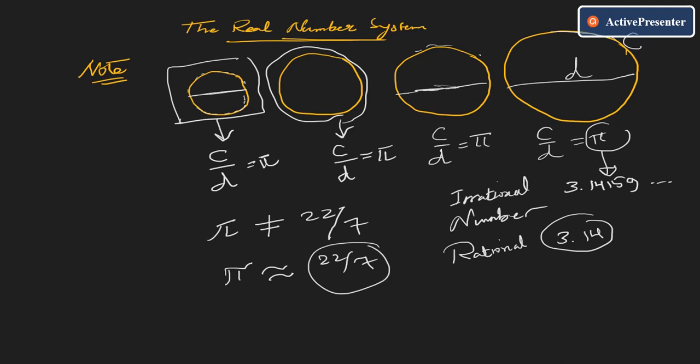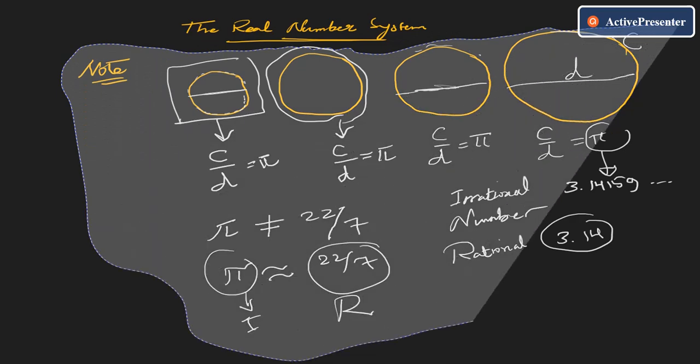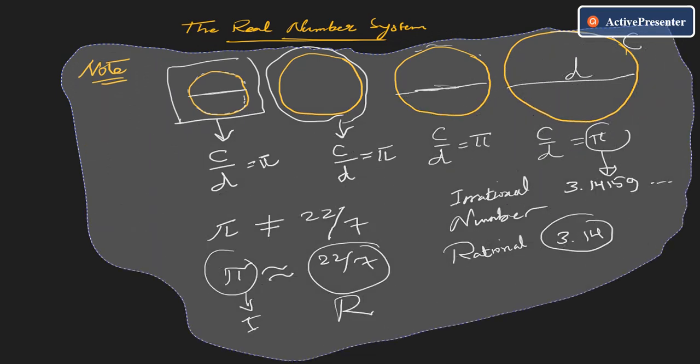So 22 over 7 is a rational number and pi is an irrational number. This is a brief note for you to take, and it is very important. It may come in the exam and you may face something like this.